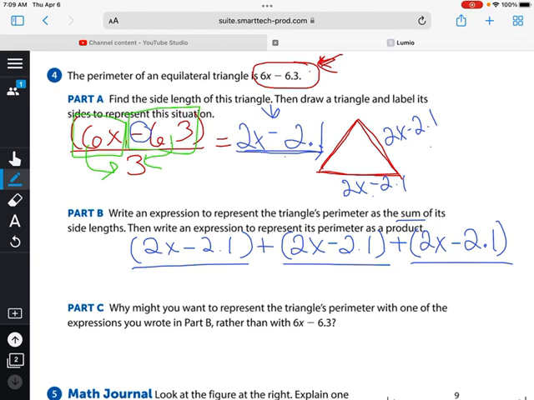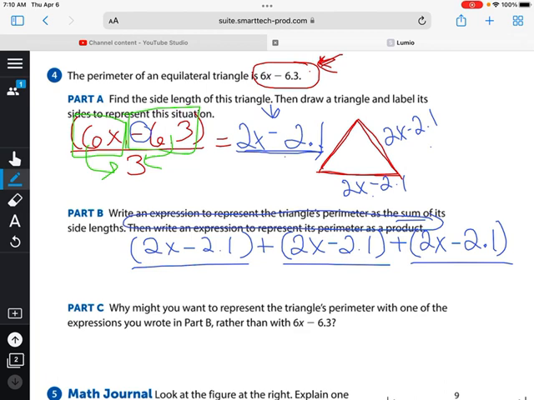Okay, and then part C says, why would you want to represent the triangle's perimeter with one of the expressions you wrote in part B rather than 6x minus 6.3? The other thing is, let's go back up to part B. We're also supposed to write the perimeter another way, as a product. Product means multiplication.